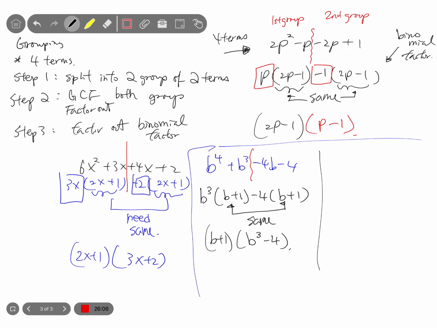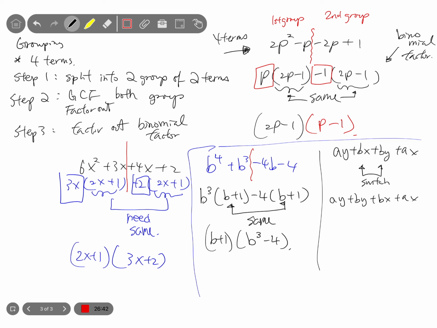All right, part D and part E gave people a little bit of trouble, because if you just split them down the middle, you're going to notice that you don't have any common factors. So in this case, you have to move things around a little bit. What I did is I started out with ay plus bx plus by plus 8x. So I switched these two. Remember, when you're adding, you can switch. So now I have ay plus by plus bx plus 8x.